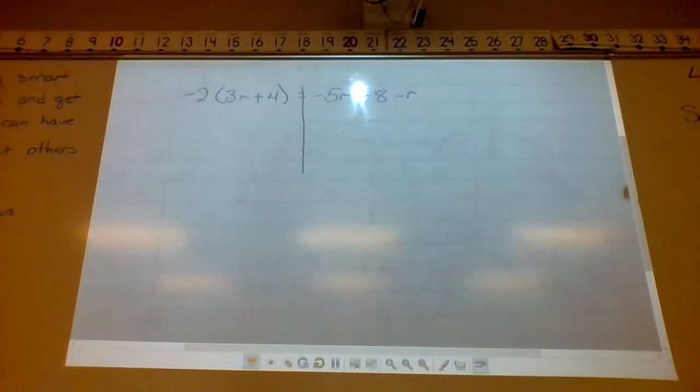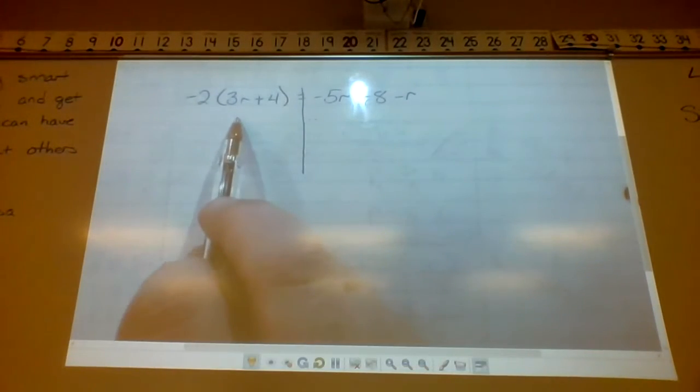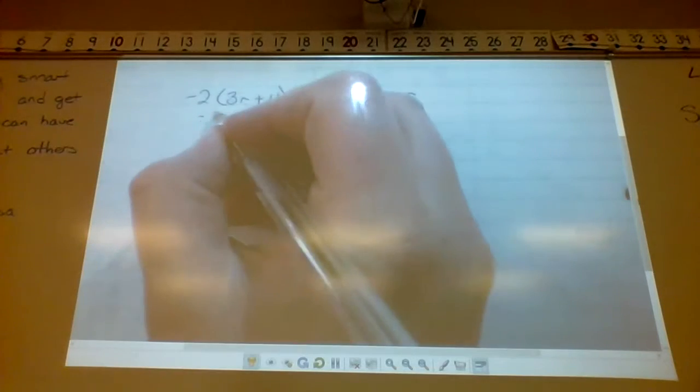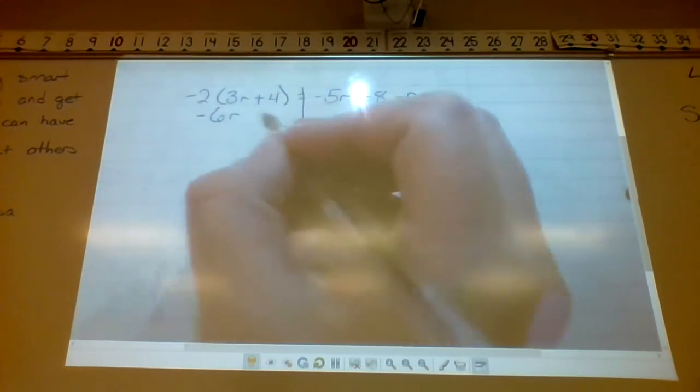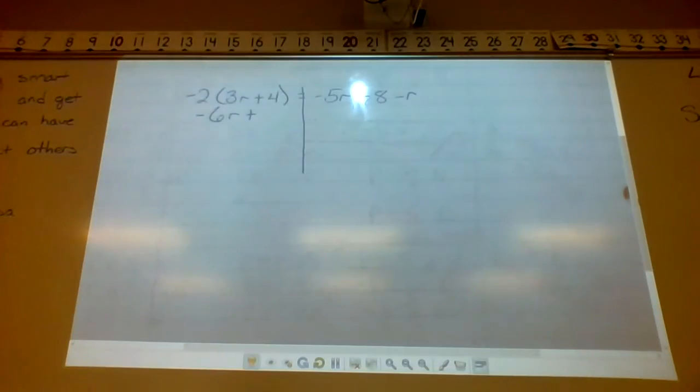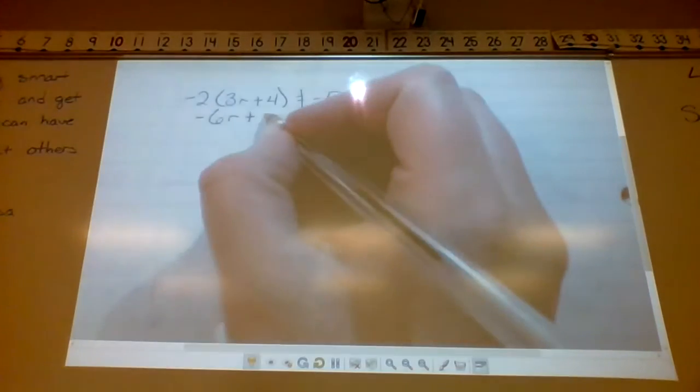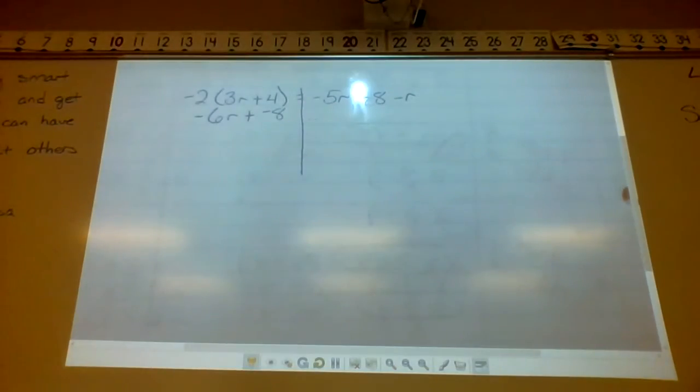Then what? Distribute. What is -2 times 3r? -6r. Plus, what is -2 times 4? What's on the other side?